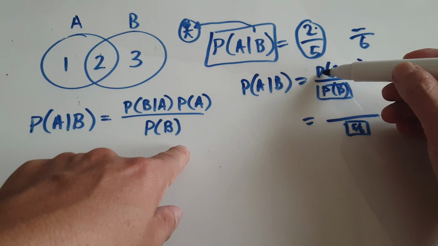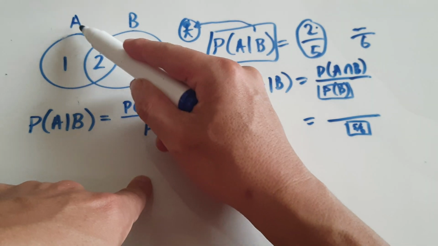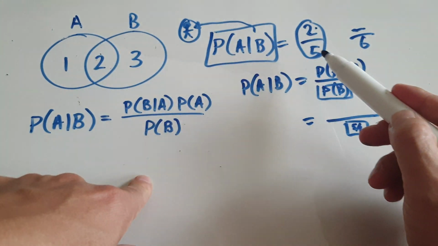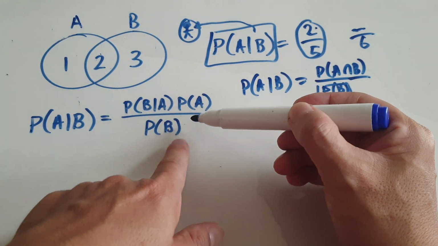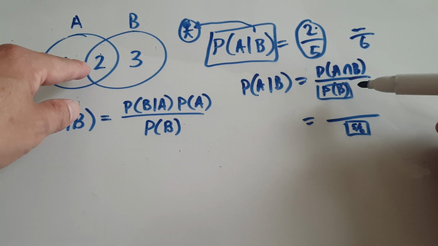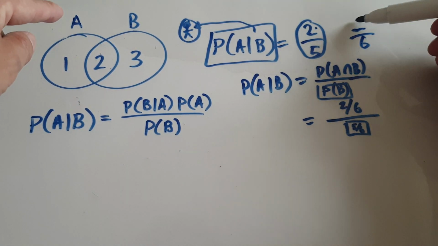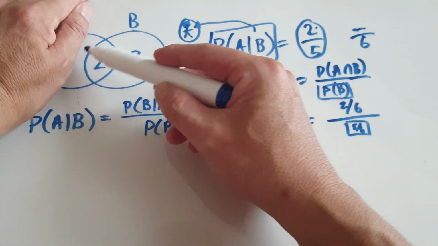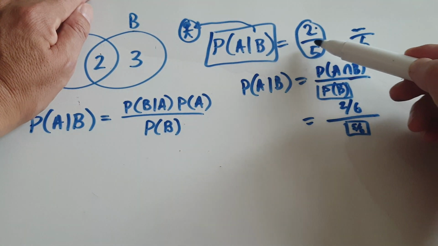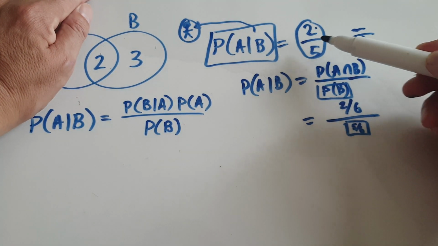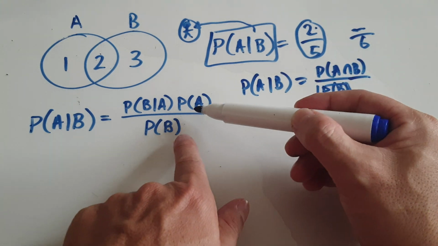Now, this thing here, the probability of A and B, is 2, but when it comes to probability, it would be 2 out of the whole population of 6. You see, up here we can just glance at this and see it's 2 over 5, given that B has occurred. But now we need to read it in terms of probability.